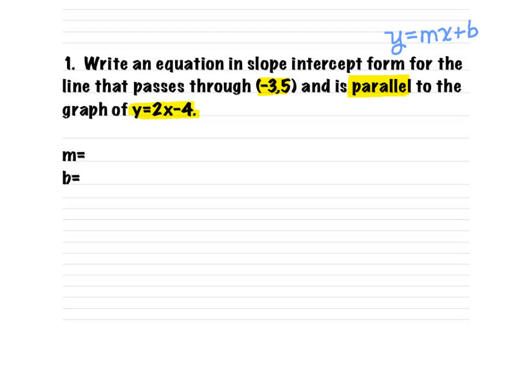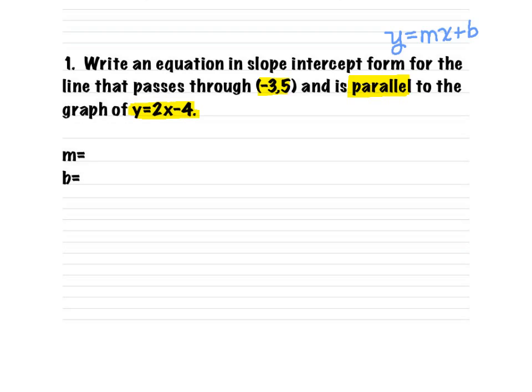So we want to write an equation of the line that goes through negative 3, 5 and is parallel to, or has the same slope as, this equation, y equals 2x minus 4.